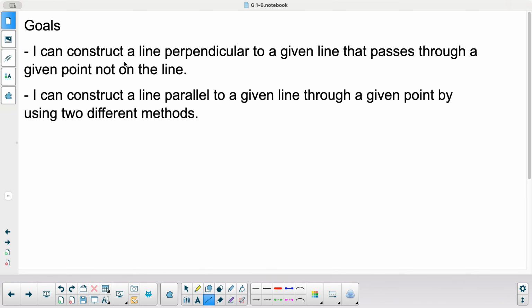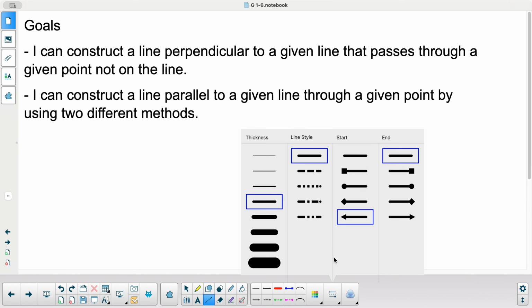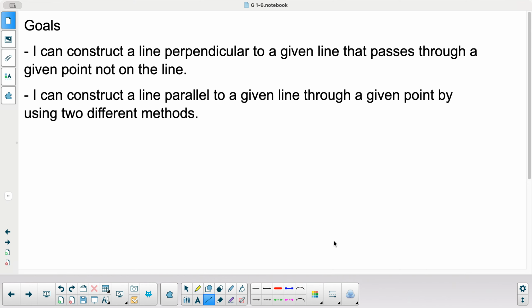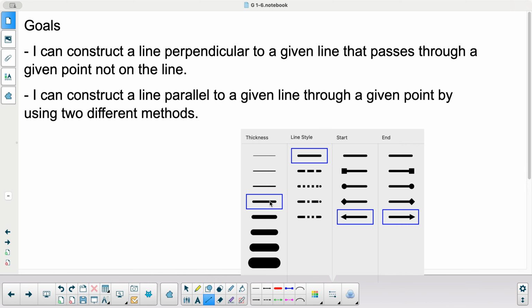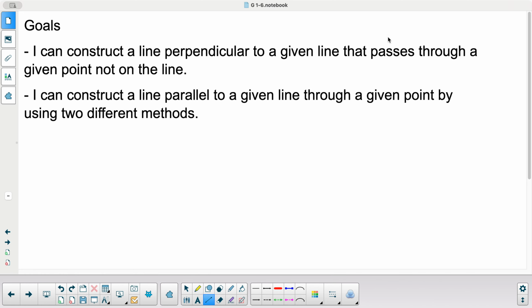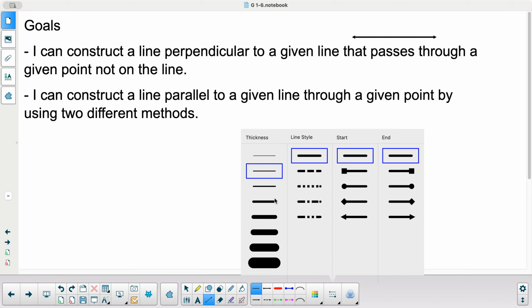So goals today, I can construct a line perpendicular to a given line that passes through a given point not on the line. So that would be something that looks like this. Let's say I got a given line right here, and I have a given point right here.